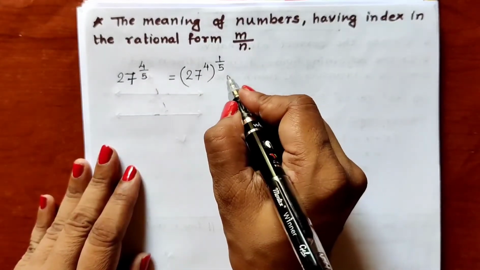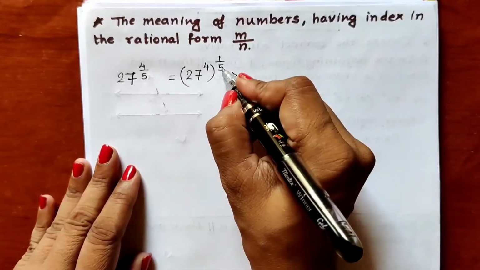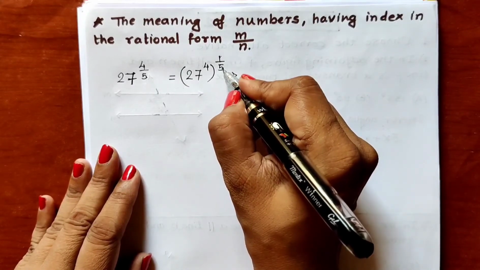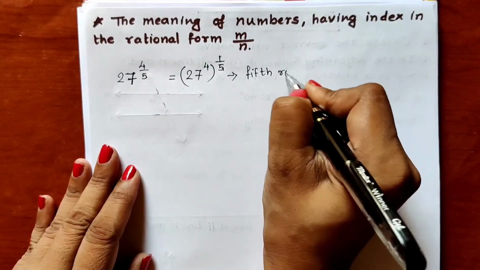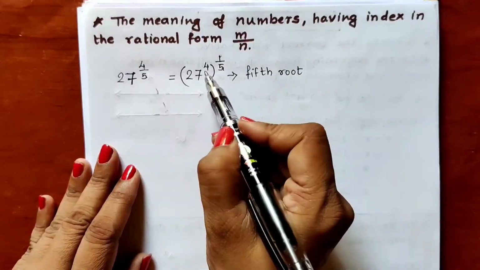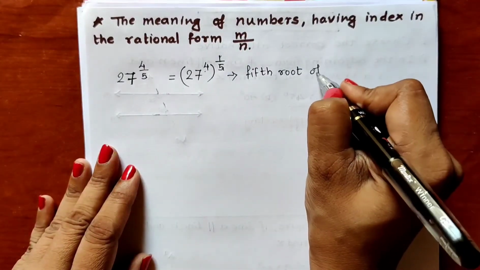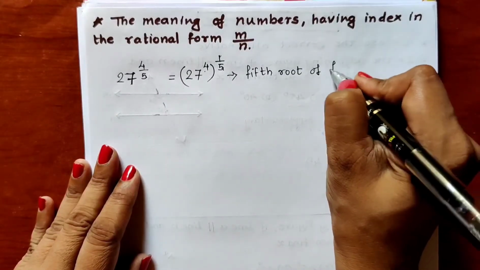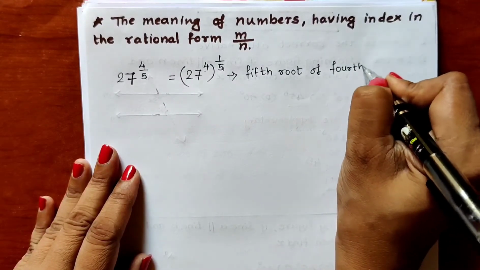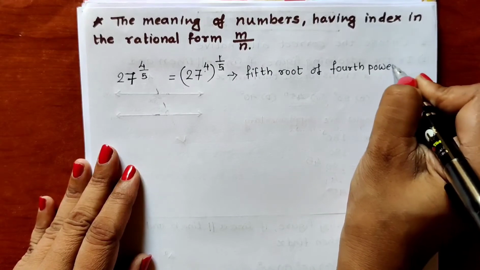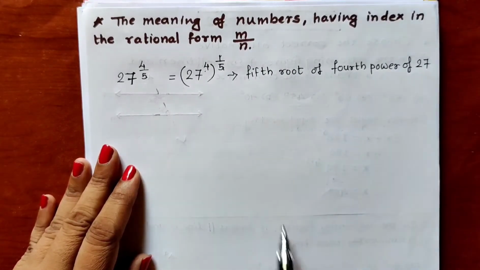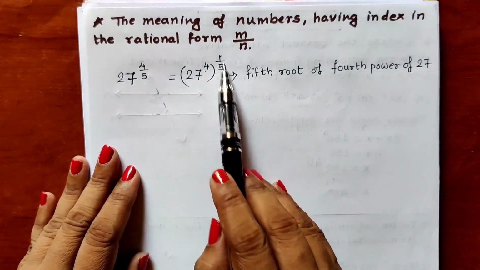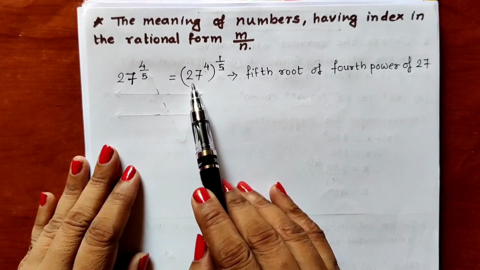And how to read this? 1 upon 5 means fifth root. We all know that 1 upon 5 means fifth root. Raised to 4 means fourth power of, what is the base? 27. So this can be read as fifth root of fourth power of 27.